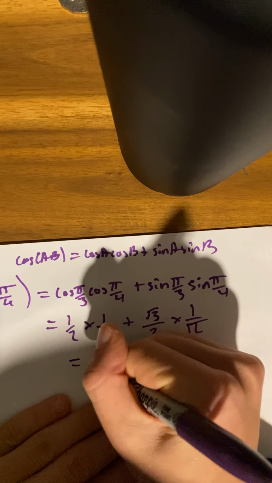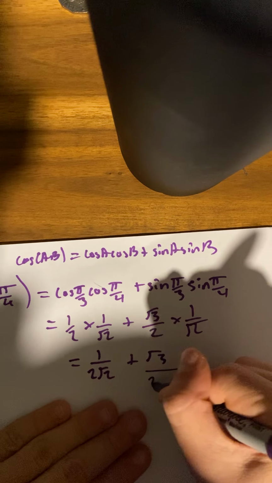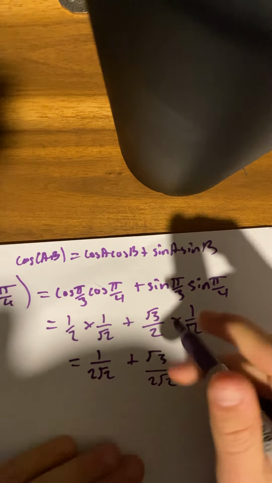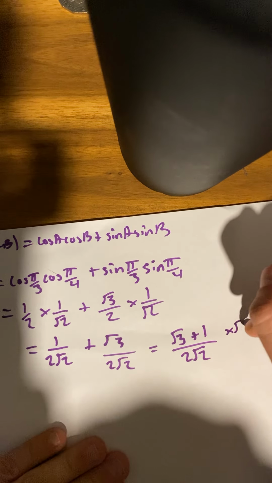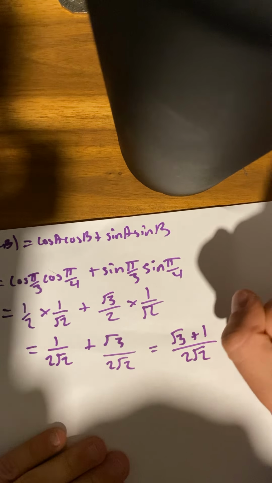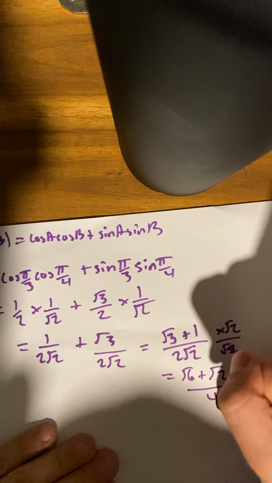If we simplify that, we get 1 on 2 root 2 plus root 3 on 2 root 2, and that simply equals root 3 plus 1 on 2 root 2. And then of course if you want to rationalize the denominator, times each by root 2 as such, and then that will simply equal root 6 plus root 2 on 4.